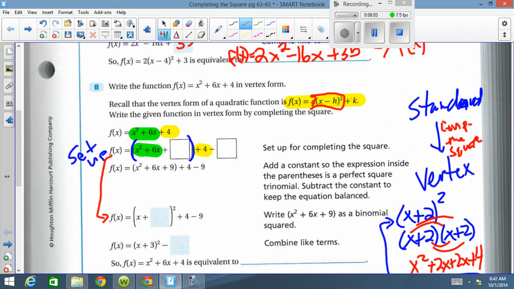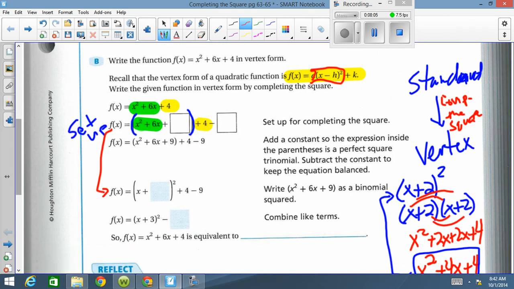So here's what I'm going to do. In order to create a perfect square trinomial, this 9 ends up being the number I use. Why would I use 9? Well, when I use 9, that's x plus 3 squared, which gives me x squared plus 6x plus 9. Now I'm a little bit ahead of myself there, but that's kind of where we're headed.